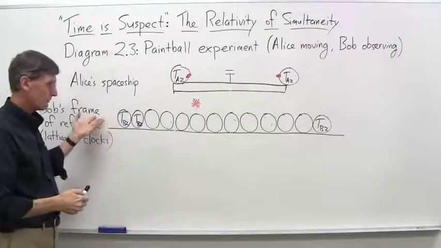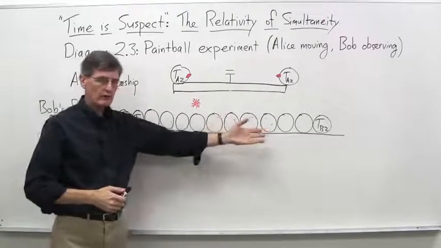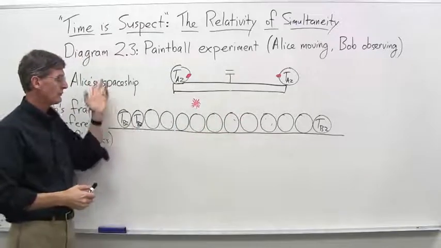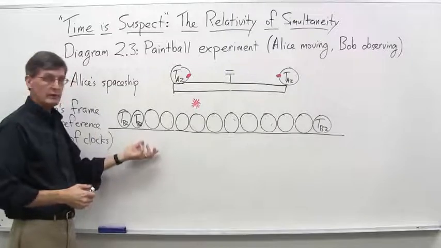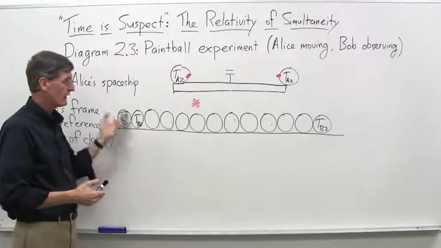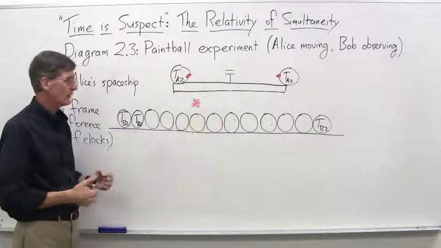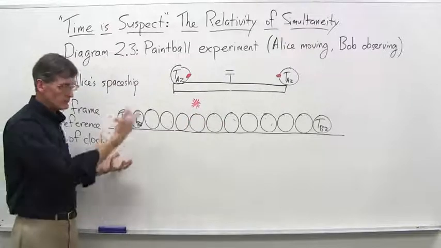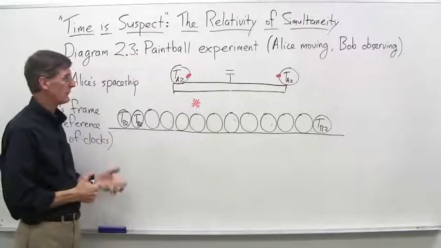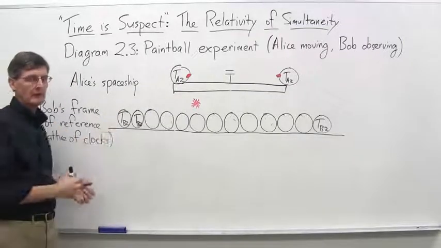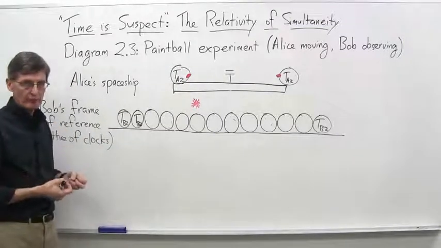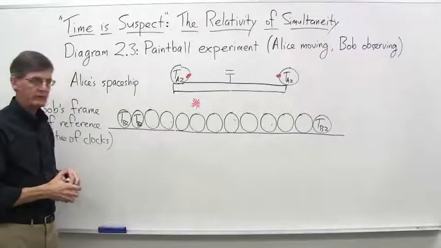Again, to emphasize, all Bob's clocks are synchronized here. So he sees the paintballs start off at time TB equals 0, and then at TB1 he sees them in transit, and then at TB2, all his clocks would register TB2 as we see here. Okay, so that's the paintball experiment. Now we want to do the exact same thing, but with light pulses and see what the difference is between them.